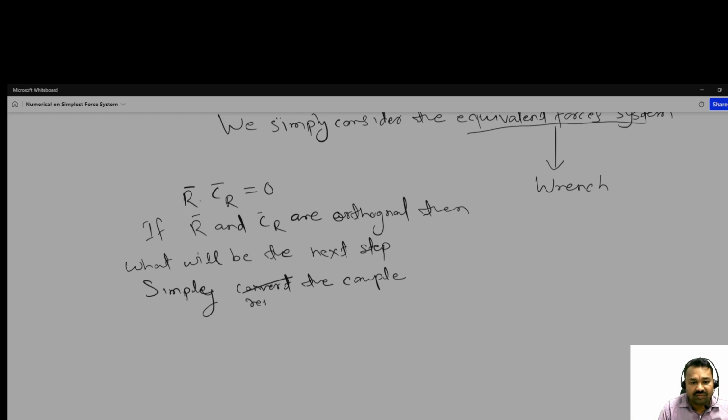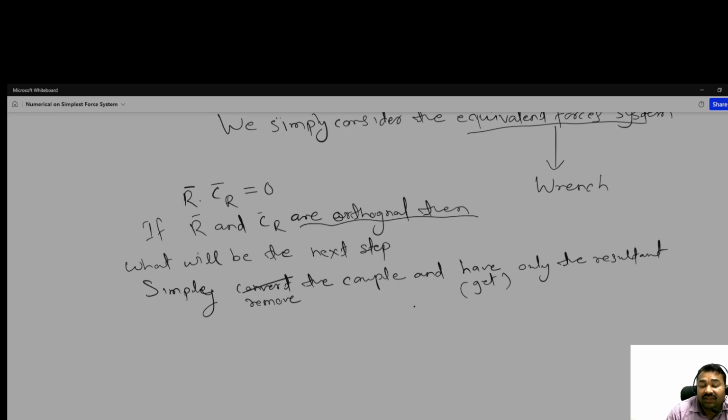Better remove the couple. Okay, and get only the resultant. Okay. So if you see the previous video, in this condition, if both are orthogonal, resultant force and resultant couple, so no need to think about wrench.